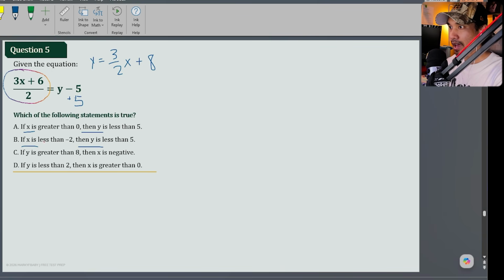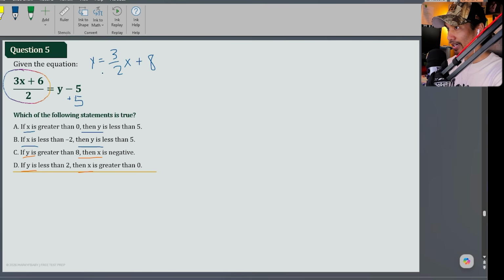And then the last two statements are if y, then x. You can use the same equation, okay? But if I put y first, I would just manipulate the equation in terms of x. Can you do that? Let me just try that.